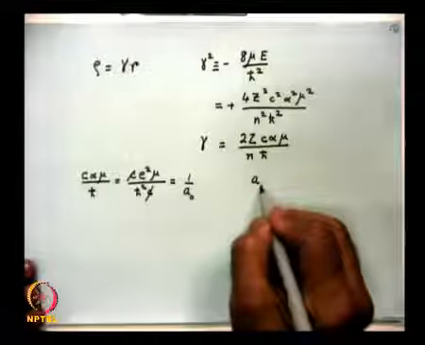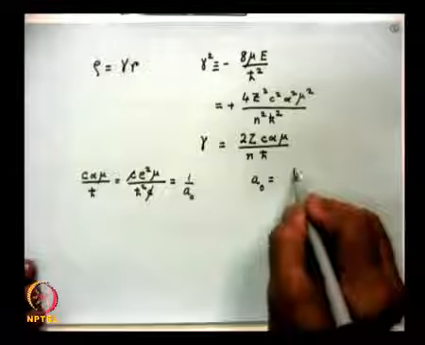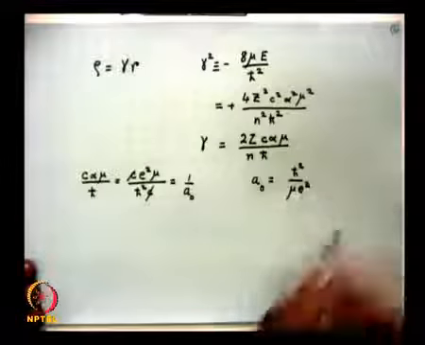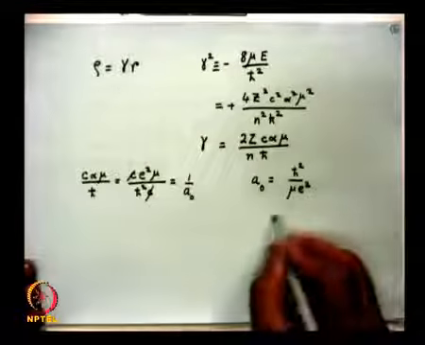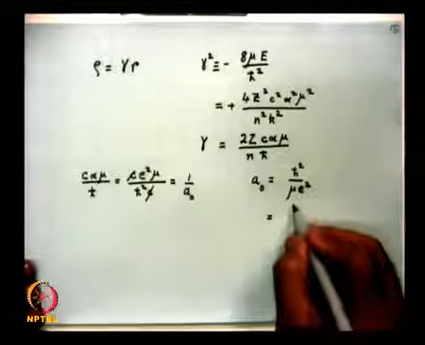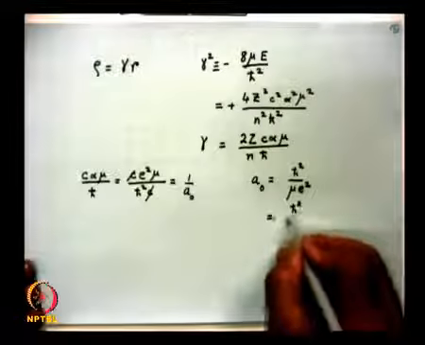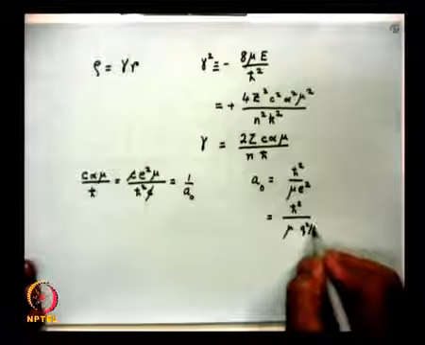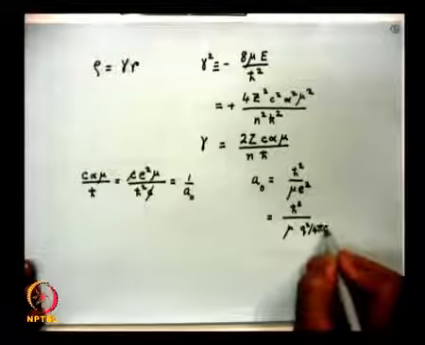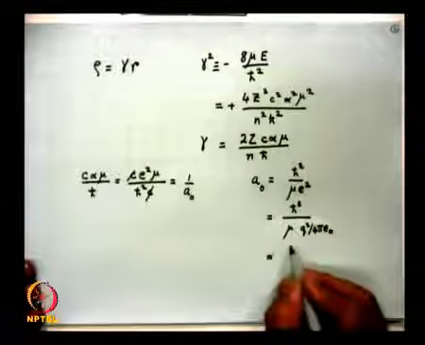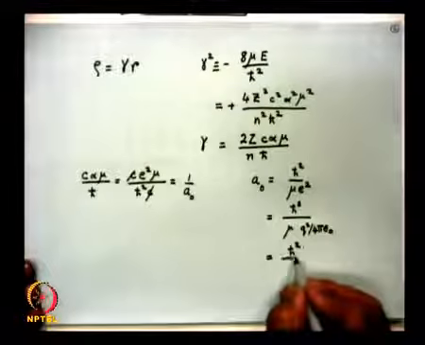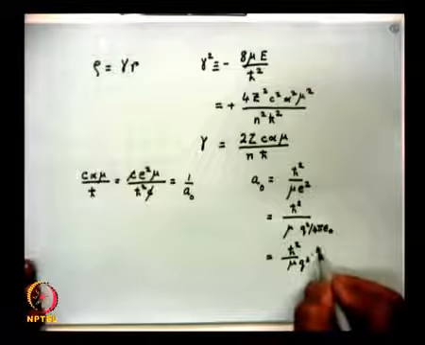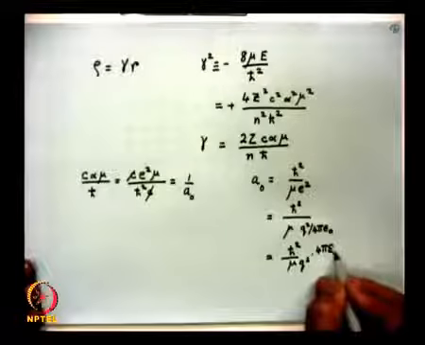So, the Bohr radius is defined as h cross square by m e square in the CGS system of units. In the MKS units it will be mu q square by 4 pi epsilon naught, so this will be equal to h cross square by mu q square, and on the numerator 4 pi epsilon naught.